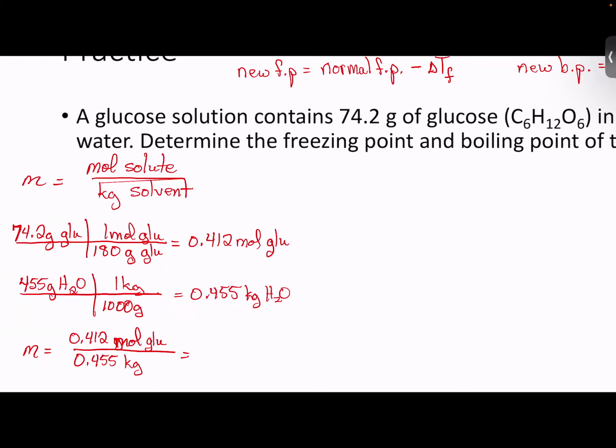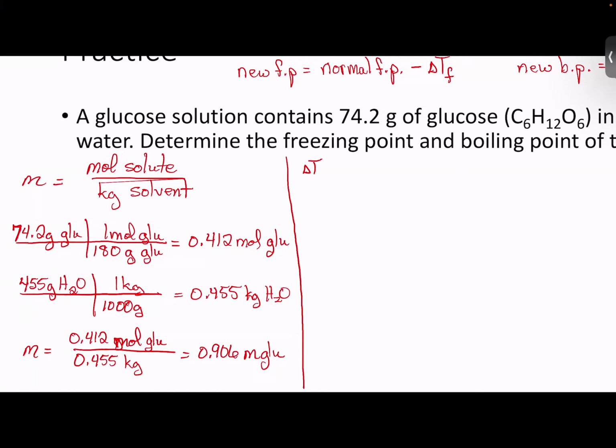So it's 0.906 molal glucose. Now I have everything I need, along with using the table previously, to do the rest of this math.